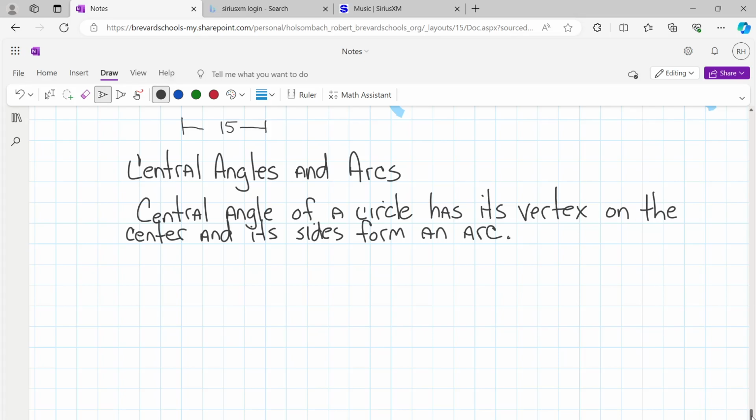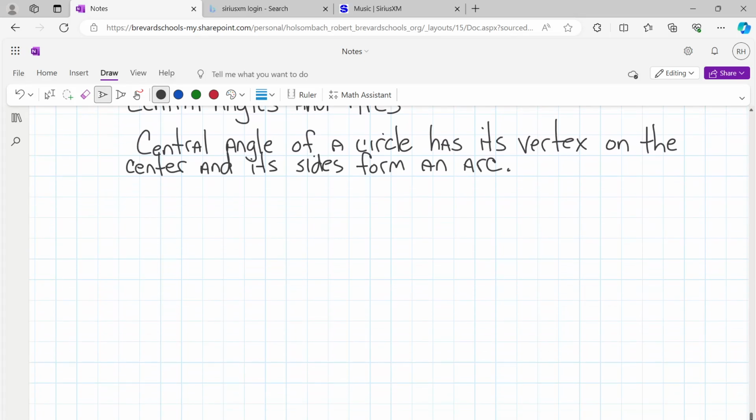So, a diagram or a picture of that: you've got a circle, center, call it point B. Now, if we just draw an angle inside of this circle, the vertex of this angle is point B. Points A and C form arc AC.